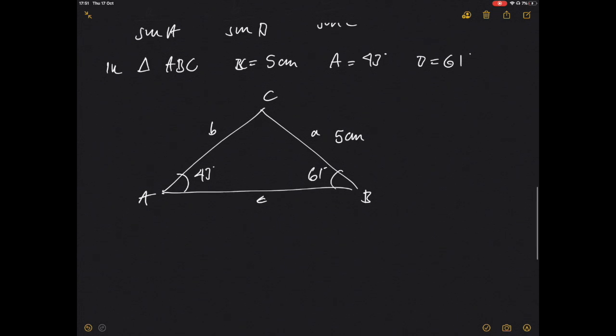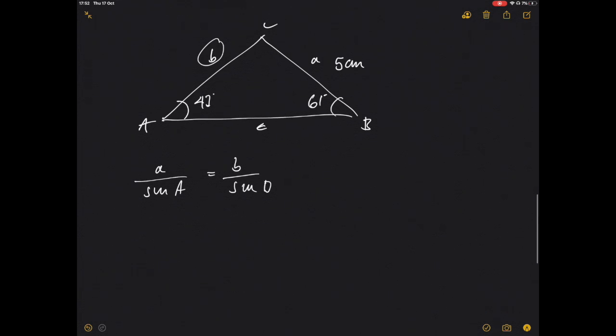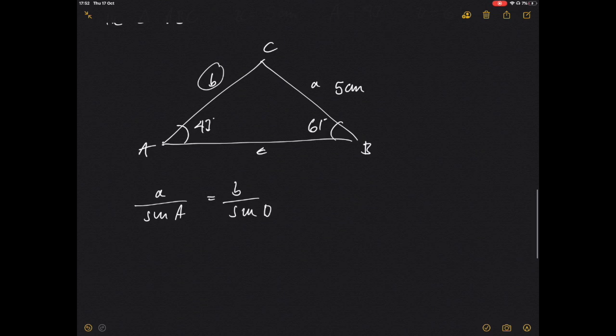Now we can begin to fill out our equation. We're only bothered about A and B, because the question asks us to find the line A to C, which is our little b. So we can say a over sine A equals b over sine B. If we fill our numbers in, a is 5, so that would be 5 over sine 43 equals b over sine 61.